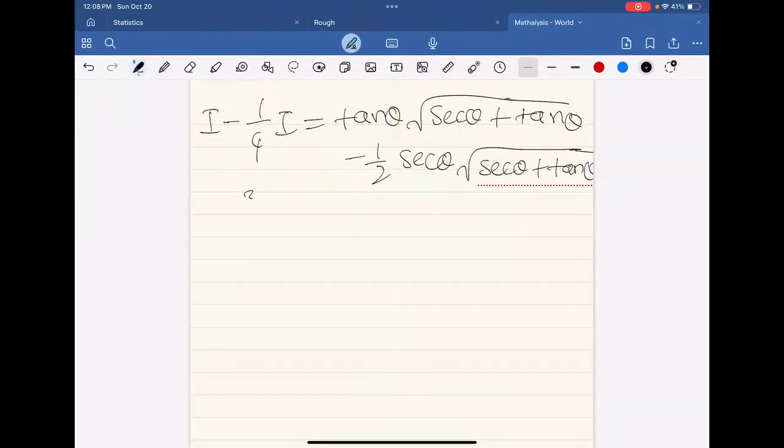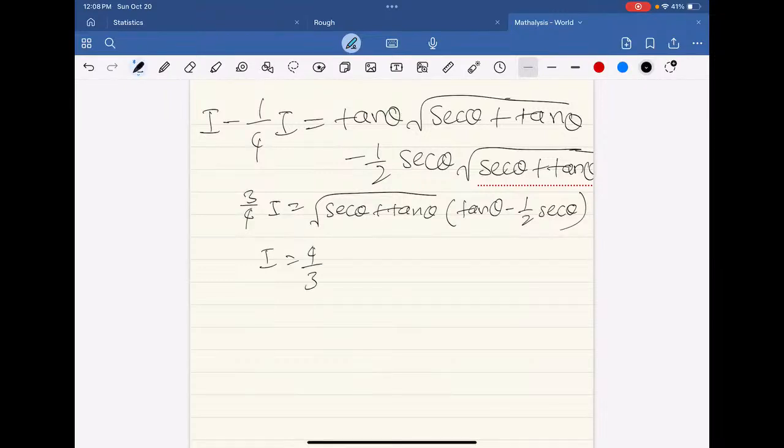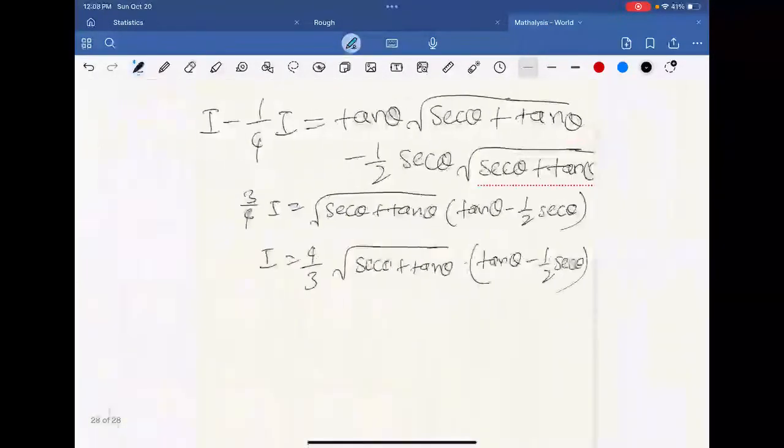Now this is just 3 by 4 I is equal to, I can take the square root of sec theta plus tan theta common, so we will have, oh wait, no, not 1 minus half, that will just be tan theta minus half sec theta, right? And now after that it will be 4 by 3 times square root of sec theta plus tan theta times tan theta minus half of sec theta. So that's the answer. But we need to evaluate this from 0 to pi by 6.